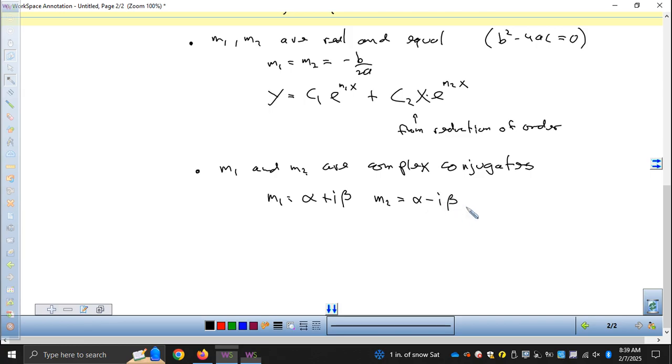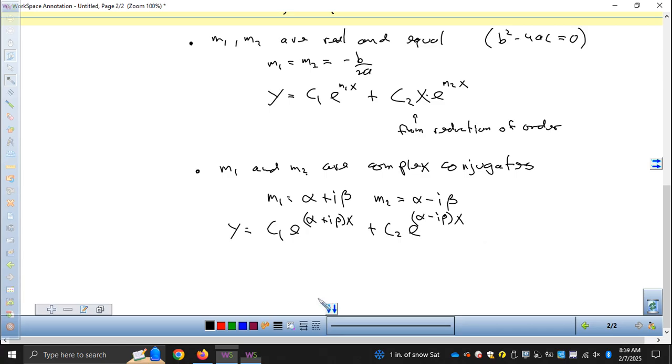We get conjugate pairs. And then our general solution is y equals C1 e to the alpha plus i beta x plus C2 e to the alpha minus i beta x, which we rewrite.